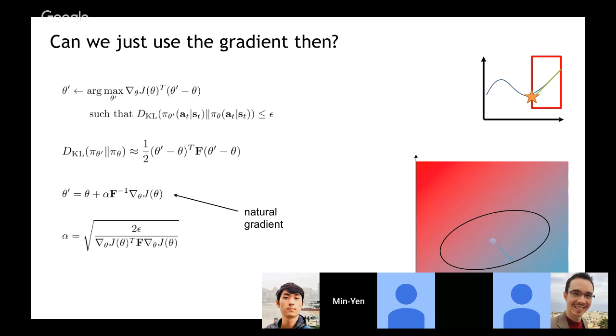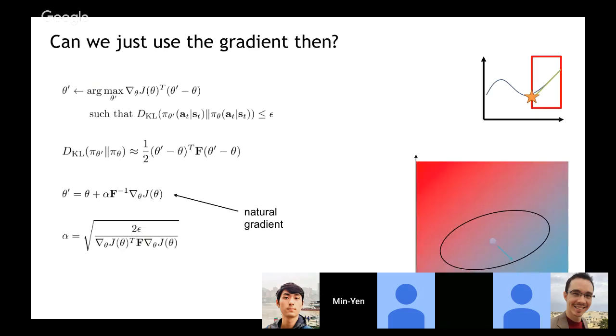That means we change theta, but we do not change the distribution so much, and that is in this F matrix. And this is called the natural gradient, because we're improving theta without changing the distribution much.